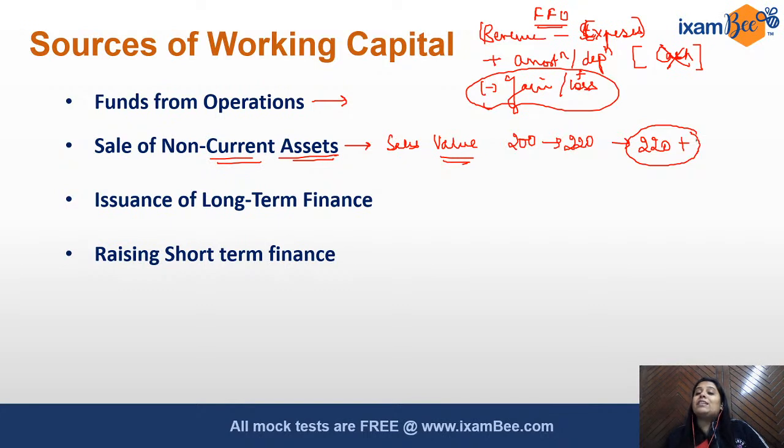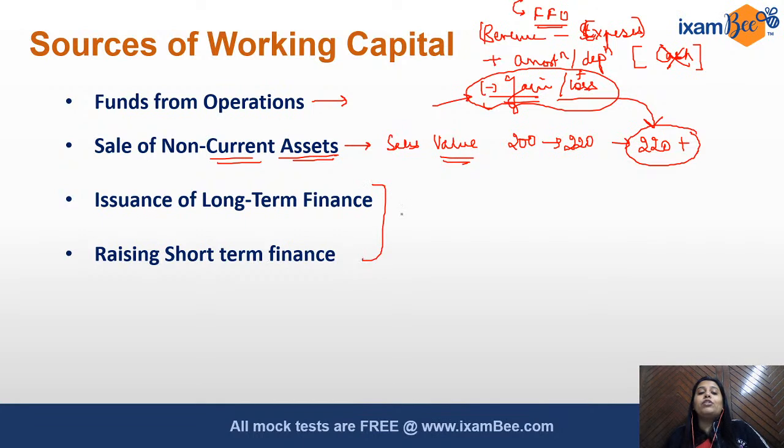Since this 20 as a gain was also included in the P&L, you will be subtracting that gain because you are taking it here. Otherwise, it will be double counting of the same gain. I hope that this is clear. So the adjustments you are required to do are that you need to add back amortization and depreciation, and you also need to adjust any gain or loss on sale of fixed assets because that is taken separately.